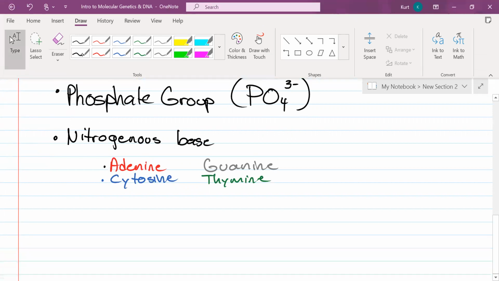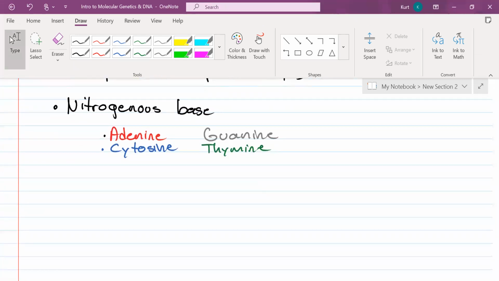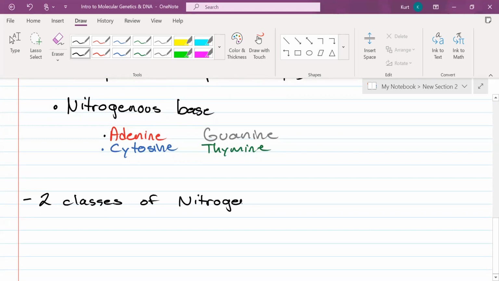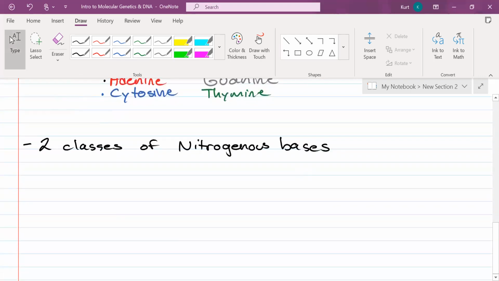Okay, well, to continue with this whole idea of nitrogenous bases, that's what I want to talk about. There are 2 classes of nitrogenous bases. You have purines, you have pyrimidines.